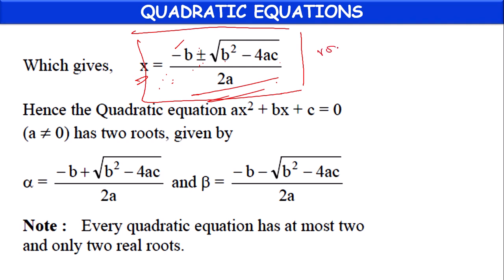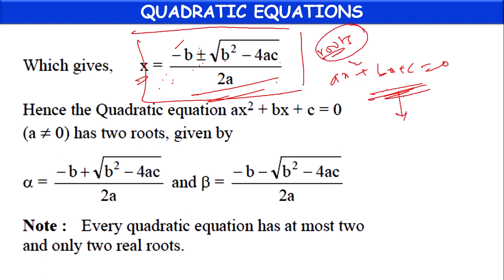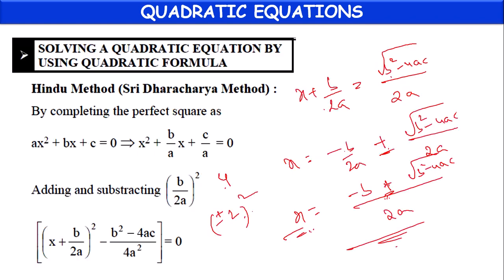These two are the roots of the quadratic equation, which is in the form of ax square plus bx plus c equal to 0. For finding roots of this quadratic equation, we have a formula, the quadratic formula, known as Sridharacharya method or Hindu method.